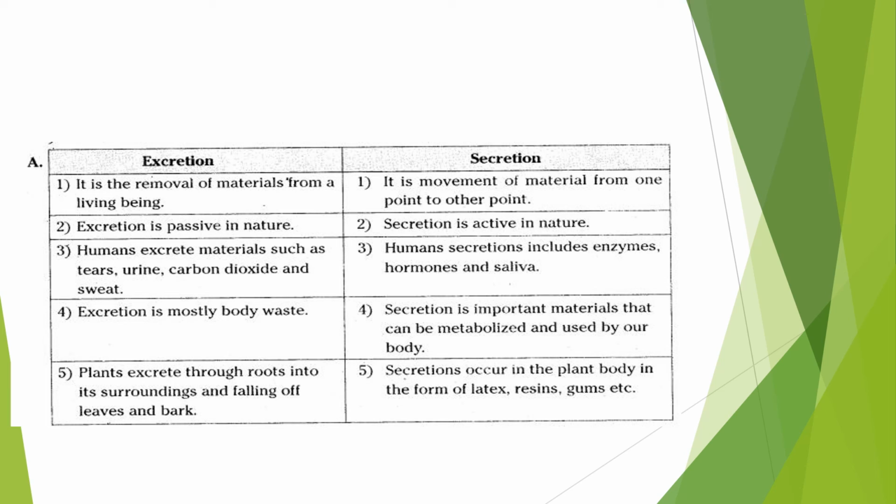Humans excrete materials such as tears, urine, carbon dioxide, and sweat, whereas human secretions include enzymes, hormones, and saliva. Excretion is mostly body waste, while secretion is important material that can be metabolized and used by our body. Plants excrete through roots into the surroundings and through falling leaves and bark, whereas secretion occurs in the plant body in the form of latex, resins, gums, etc.